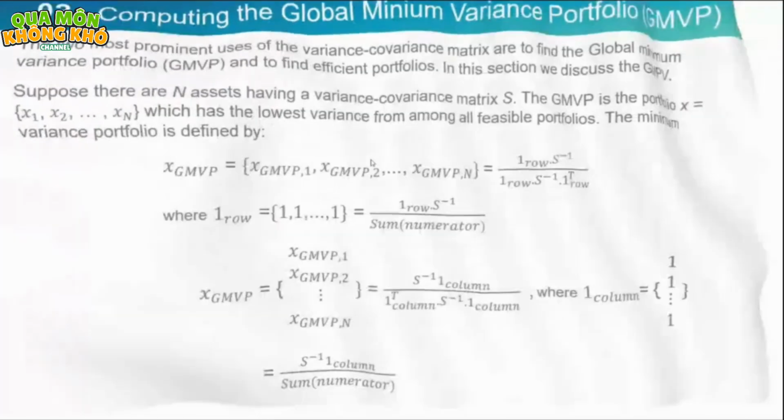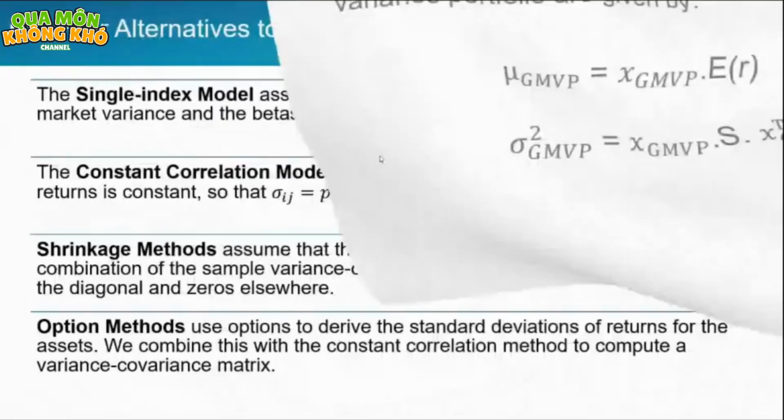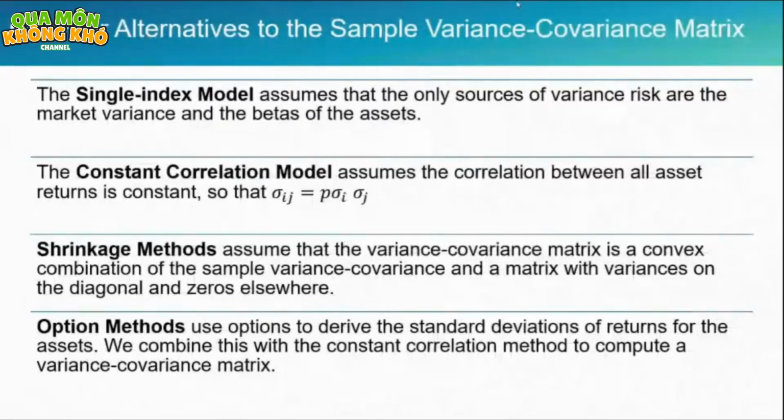And now we go to learn about four alternative models to the sample variance covariance matrix. The single index model assumes that the only sources of variance risk are the market variance and the betas of the assets.